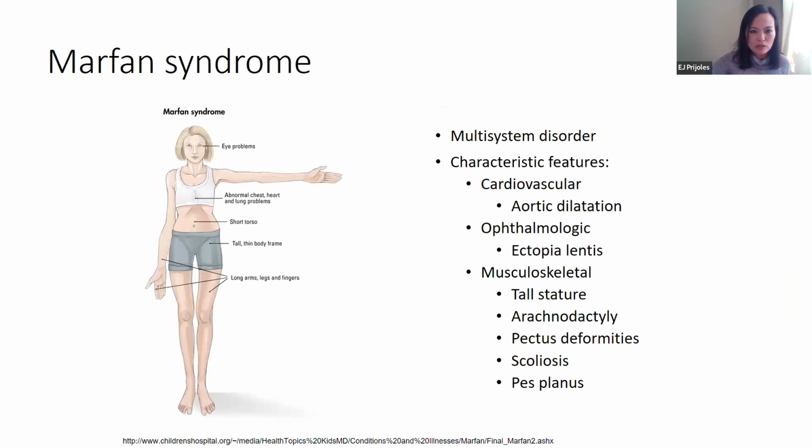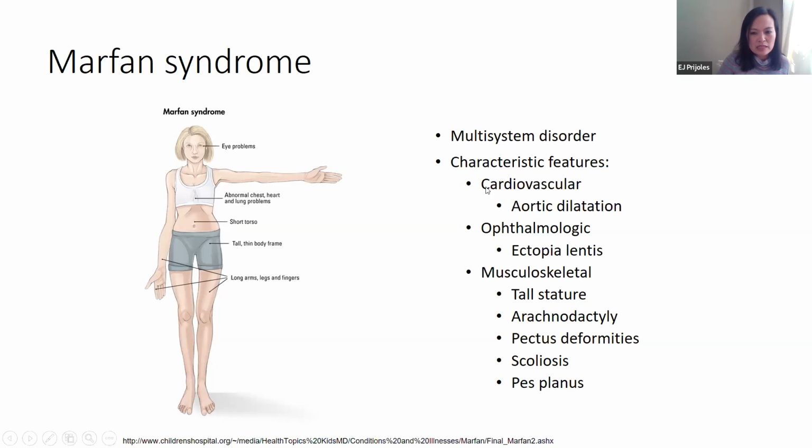All right, we'll go to the next condition, going on the other extreme for tall stature. So Marfan syndrome, again, as many of you know, is a multi-system disorder involving the heart, the eyes, and the musculoskeletal system.